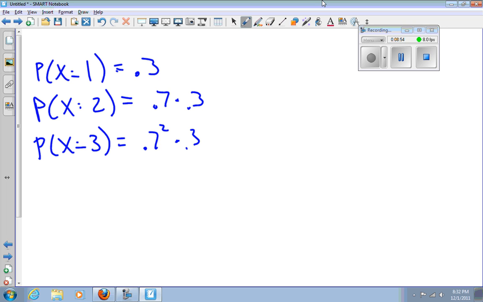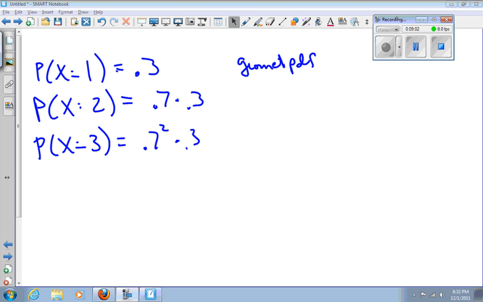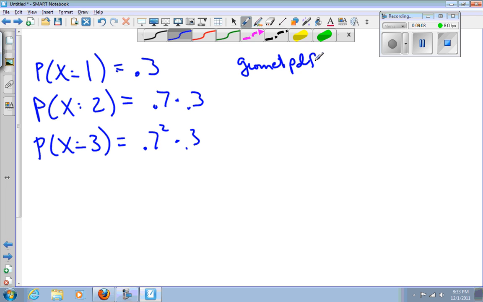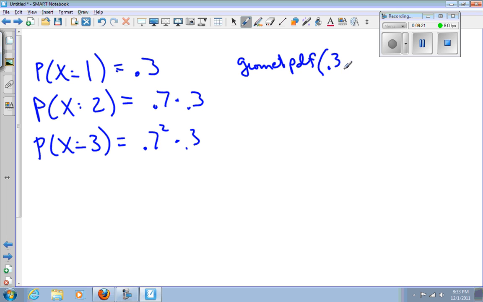The calculator, of course, will do these things for you. This would be the geometPDF, and we've got to talk about the arguments that go here. For binomial, you'll recall we did n, p, x. For geometric, we don't have a fixed n, so all you need are p and x, the probability of success, and the number we're interested in.